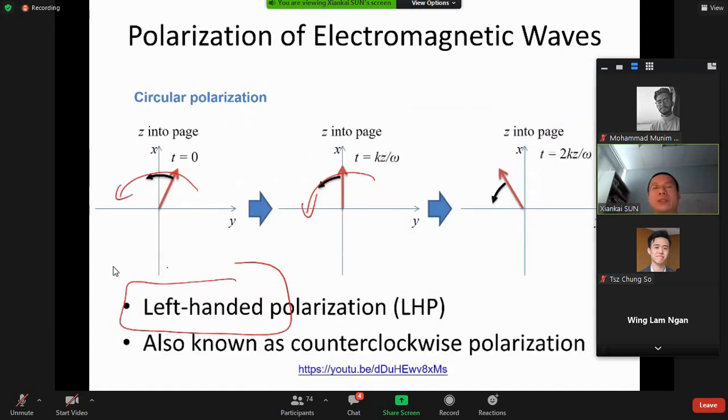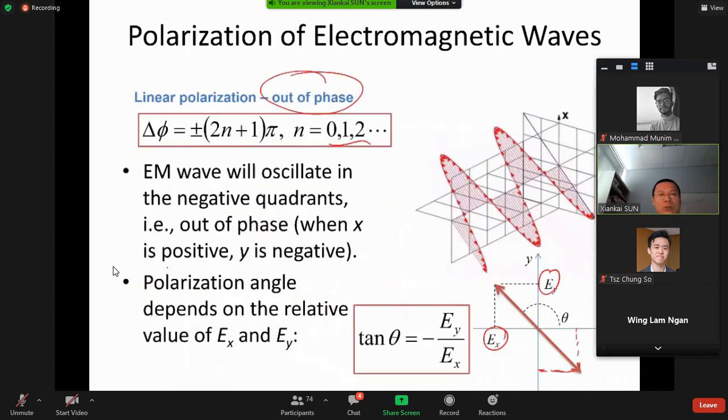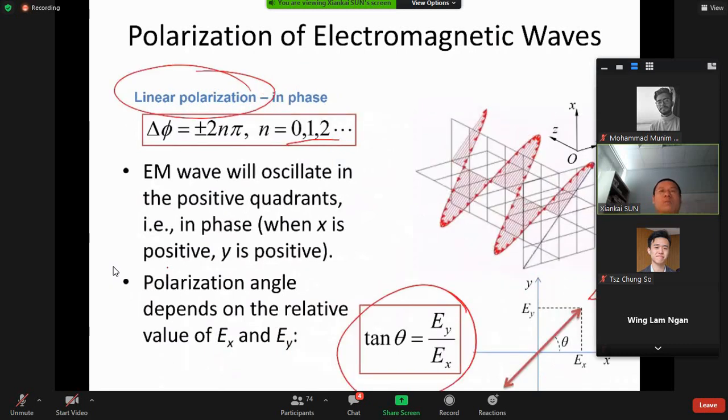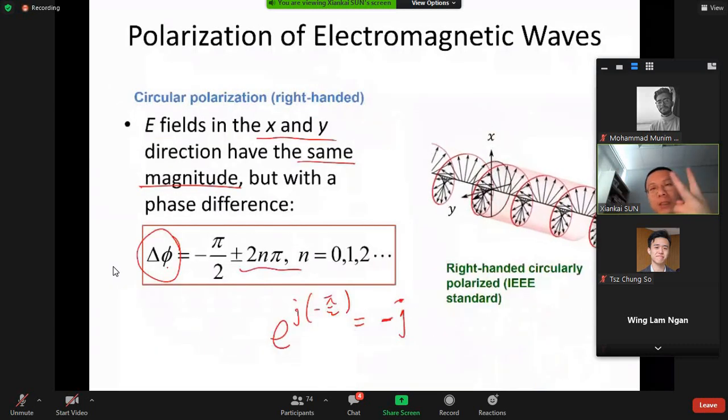Just now we mentioned two types of polarization. The first one is linear polarization. You need delta phi equal to either 2m pi or (2m plus 1) pi to have linear polarization. For circular polarization, you need two conditions.